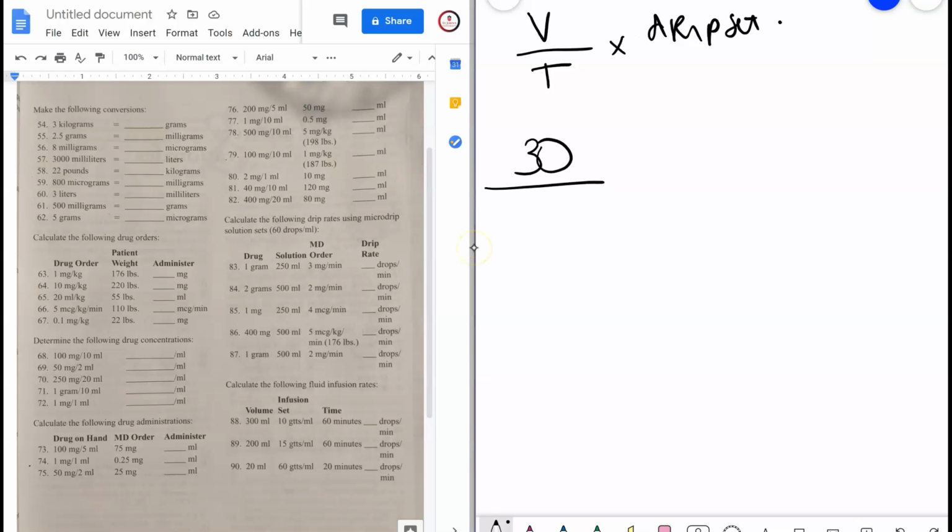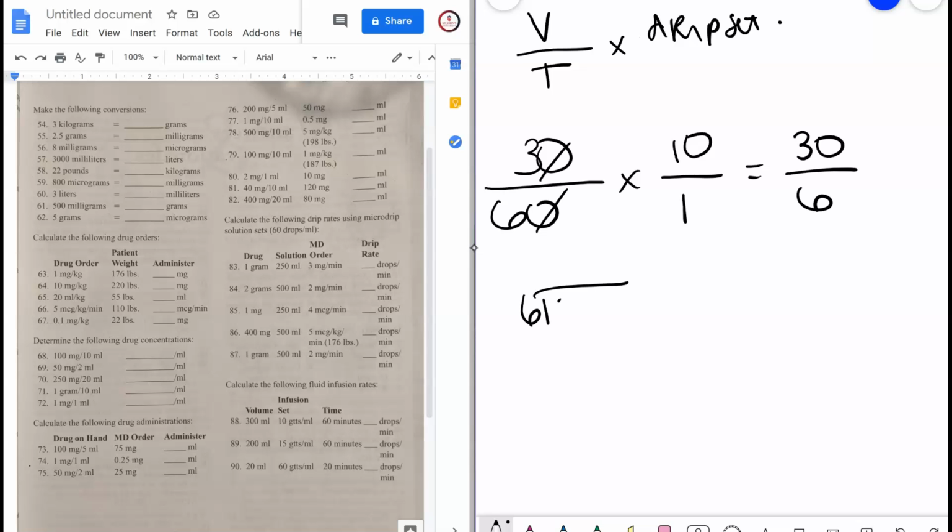Time is 60 minutes times your drip set of 10 over 1. Always add your 1. Let's simplify. So 3 times 10 equals 30 over 6. For those of you who like your long division to be seen, not heard. Hold on, let me get a little cleaner. 6 goes into 30 5 times. So it's going to be 5 drops a minute.